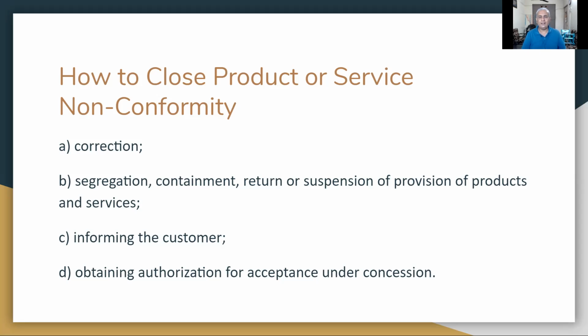You can go to any other customer where you are sure that your product, which is non-conforming for one client, can be acceptable to another client. So you have to find a customer and let off these products, maybe at a concessional rate, and maybe only one time.